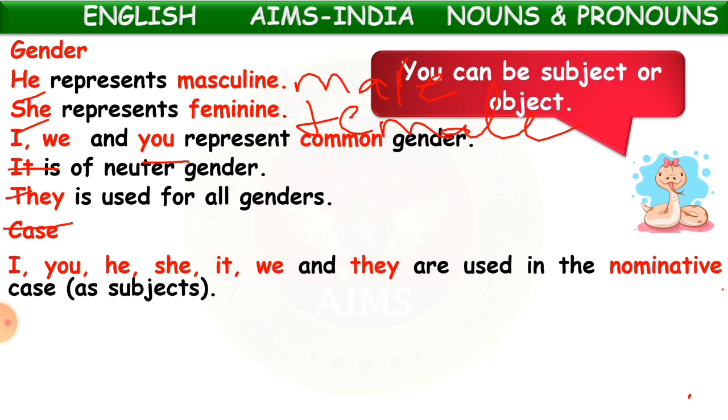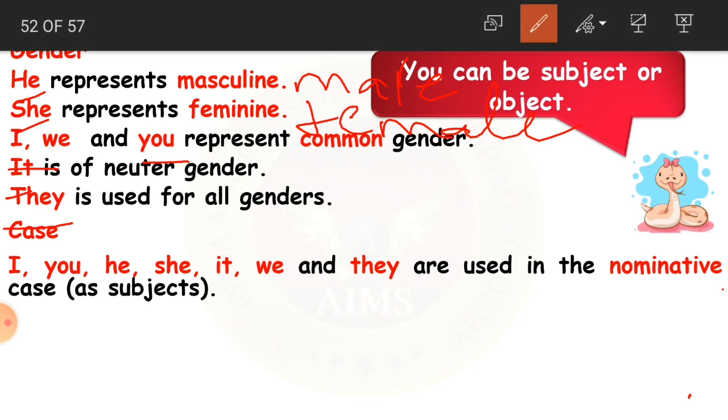Same here also. I, you, he, she, it, we and they are used in the nominative case as subjects.